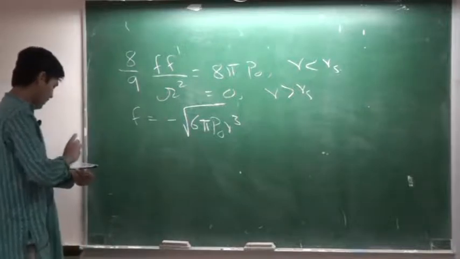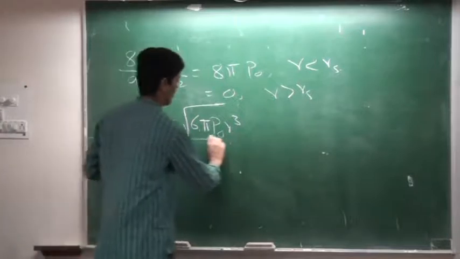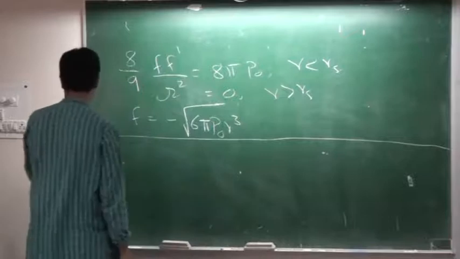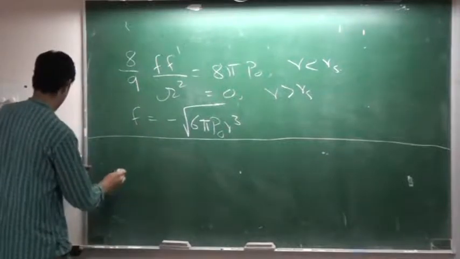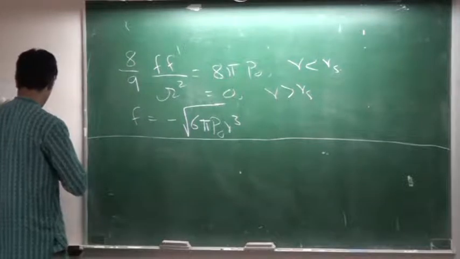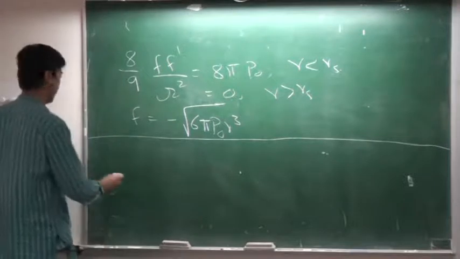In any case, once you have done this, we have a metric which I'll write down now. This completely solves the equations, and the final metric is as follows. There are two parts to the metric. One of them is for r smaller than rs and the other is for r greater than rs.